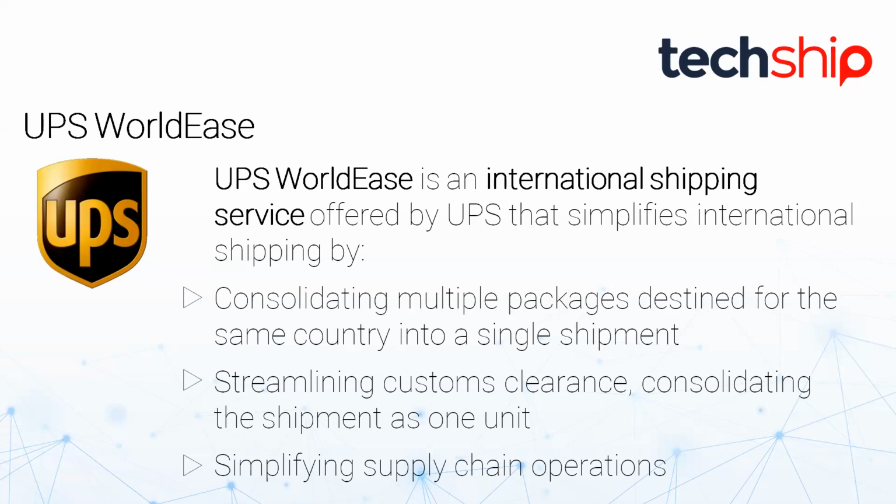And obviously, from a logistics standpoint, it simplifies supply chain operations because basically you're streamlining everything, or you're lining up all your shipments under one transaction, saving you X amount of times the effort when it comes to handling these international orders.